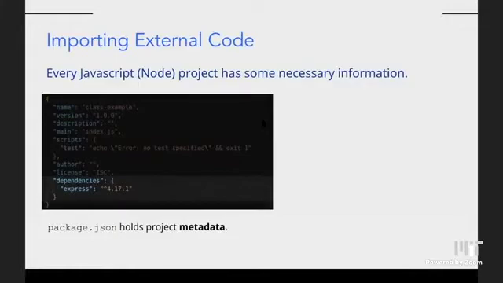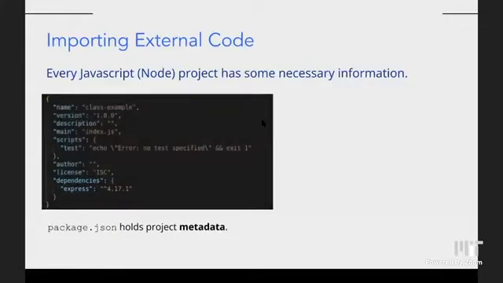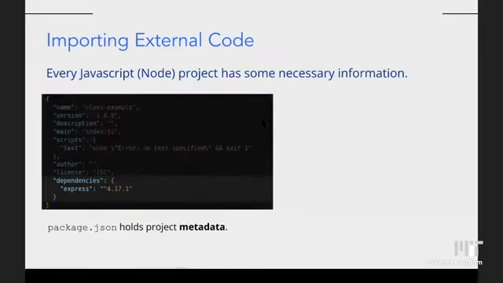What this file contains is some metadata about the project. In this case, you can see there's the name specified, which is probably going to be the name of your project. You don't have to worry much about these things. But what I want to draw your attention to is that dependencies JSON object. Here is where you list all the packages that you're going to be using, that external code you're talking about, in your project.